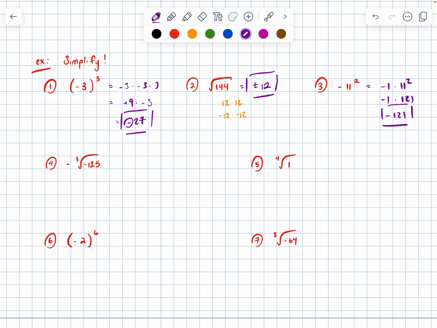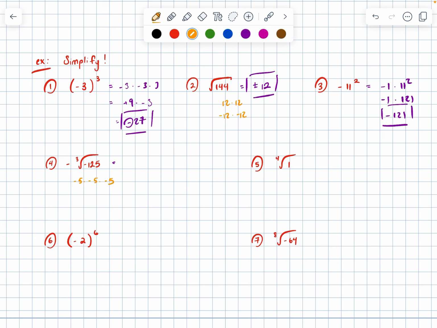For negative cubed root of negative 125? Well, the cubed root of negative 125 I can work with. So this is negative, and then I have negative 125. Well, that is negative 5 times negative 5 times negative 5. So negative 5 is a number that multiplies by itself 3 times to get negative 125.